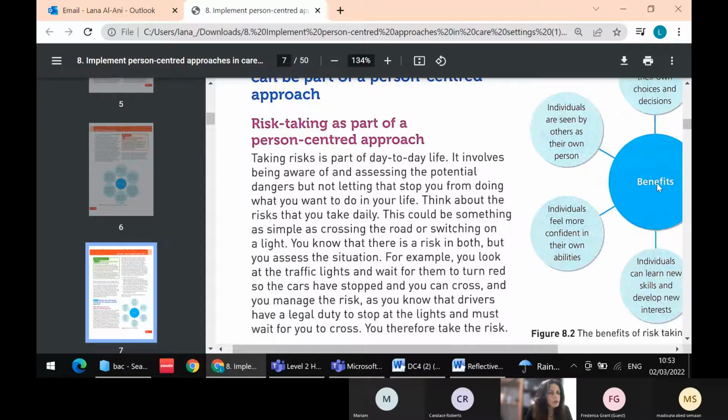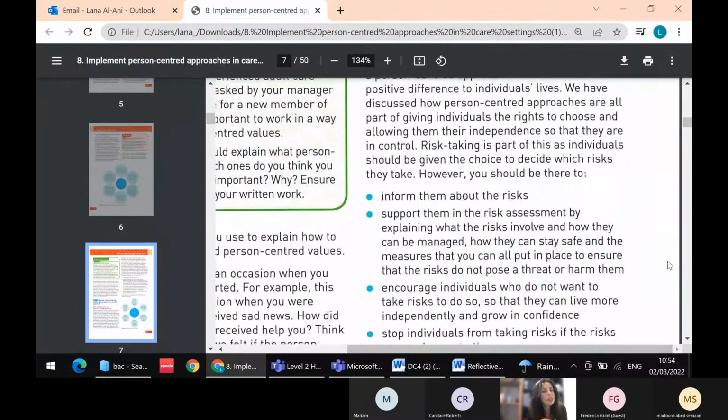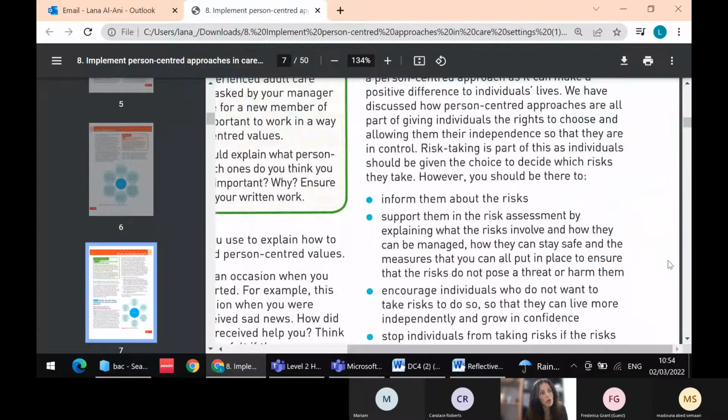And not telling them to stop completely and say, oh, I'm sorry, we can't go because if you cross the road, we might get an accident. No, I'm going to take them, but I need to inform the client. So I need to inform the client about the risk and also support them to assess the risk, thinking about it, so as not to make it dangerous, and also encourage them to take a risk if they are not a risk taker.